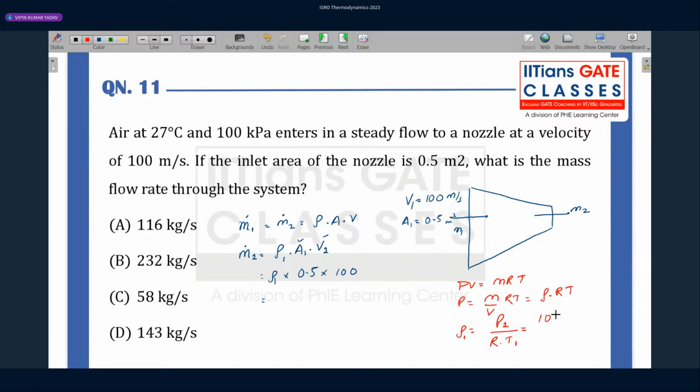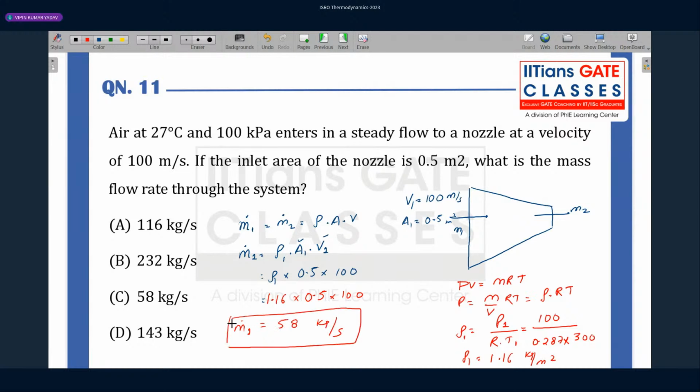Pressure is given as 100 kilopascal, R is 0.287, and temperature is 27 degrees Celsius, that means 300 K. So density 1 is equal to 1.16 kg per meter cube. So now I can substitute 1.16 into 0.5 into 100, so it is 58 kg per second.